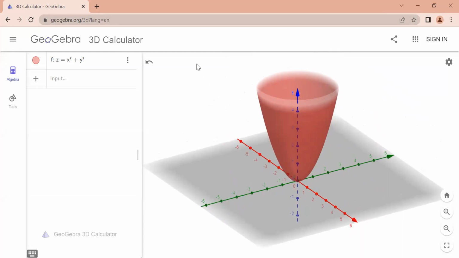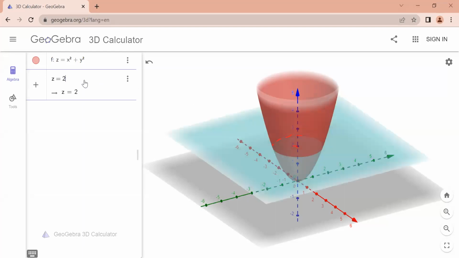What a level curve simply means is, let's say z takes some value, for example when z is equal to 2, you can draw a circle. If you take a plane parallel to xy when z is equal to 2, I'll mark that and show it in the graph.